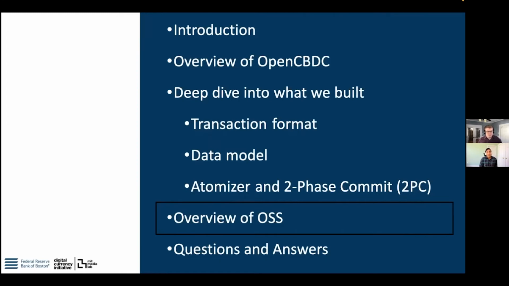Great. Next one we have is, does batch processing on two-phase commit create a window for double spend attacks in any way? No, it doesn't. So both architectures completely prevent double spends. It's impossible to double spend if the system is correct.